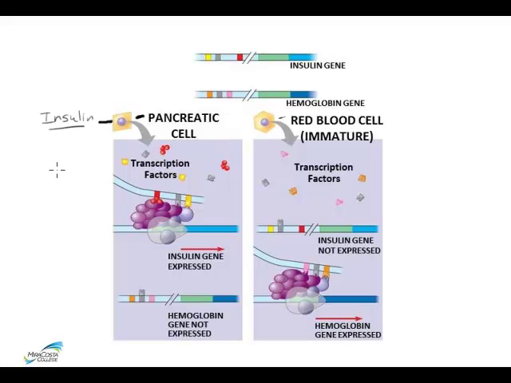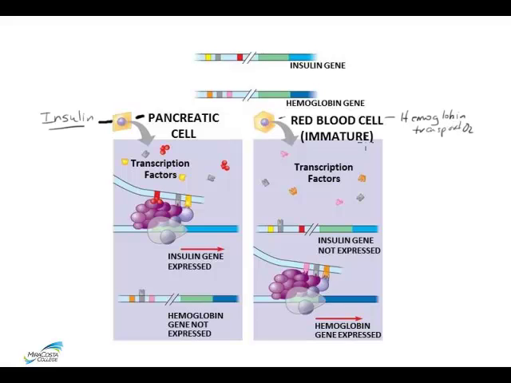It's a hormone that's involved with regulating glucose uptake into cells and therefore regulating glucose levels in the bloodstream. And here we have a representation of an immature red blood cell, which, as we just discussed, is specialized to contain lots and lots of hemoglobin protein, right, that allows it to transport oxygen throughout the bloodstream.